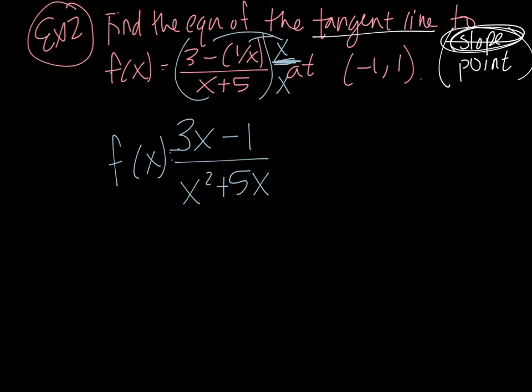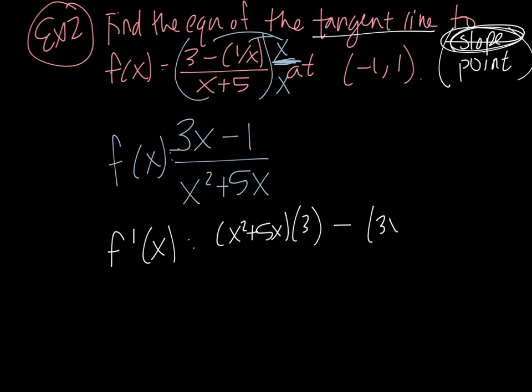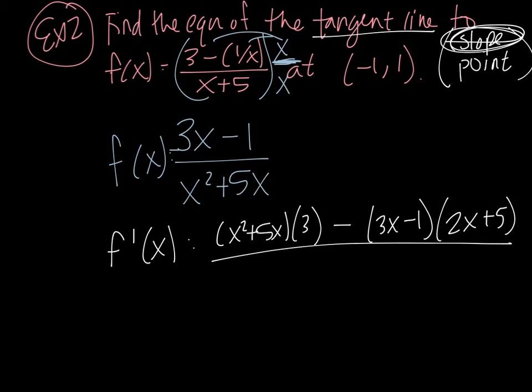All right, so low, d high, meaning leave the bottom the same and then take the derivative of the top, minus high, which is leaving the numerator the same, d low, which means derivative of the denominator, all over low low, which is just this.